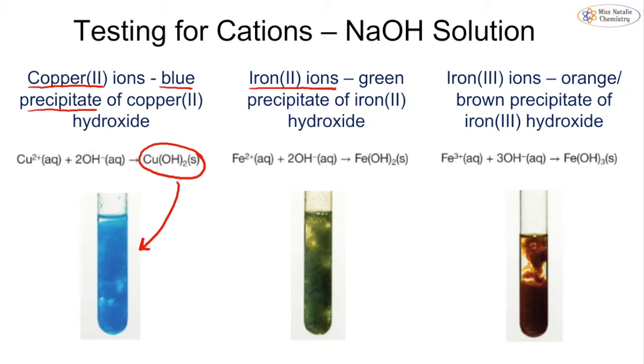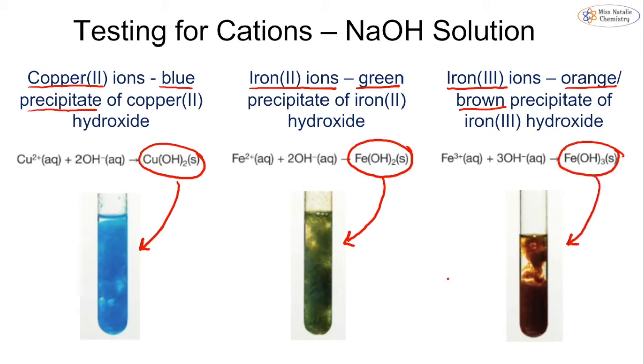Iron 2 will give you a green precipitate because we make this iron 2 hydroxide and we get this green colour. And iron 3 ions are going to give us an orange or brown precipitate because we make iron 3 hydroxide. Notice that there are 2 different types of iron and 2 different colours.